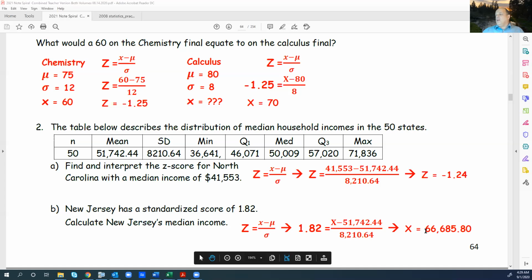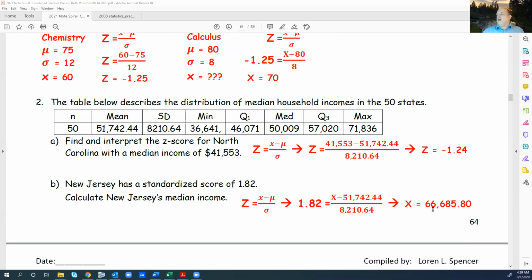We end up, sure enough, being great at 66,000, almost 700. So 66,700, which is greater than the 51,000. And we anticipated that we'd have a positive value greater than 51,000 because we had a positive z-score. All right, that'll take care of us on z-scores.